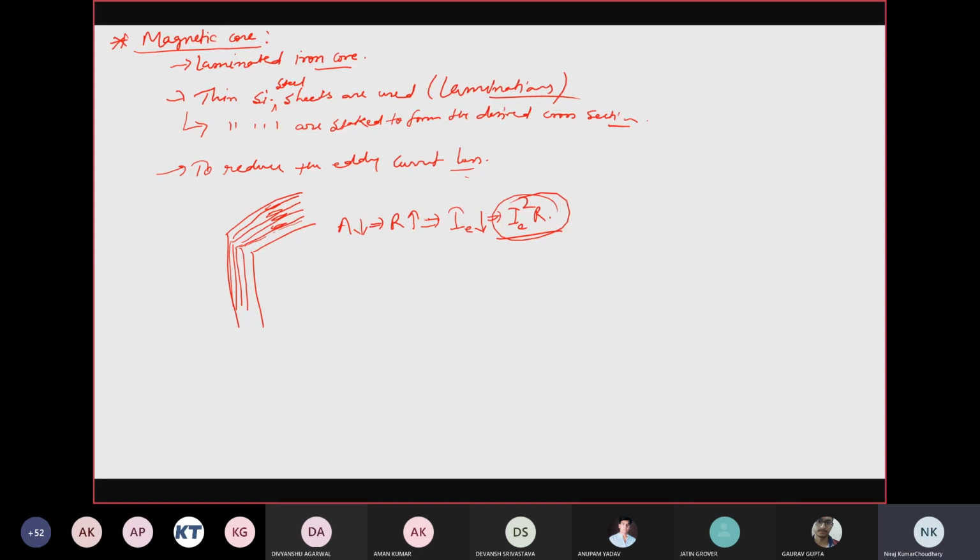So I have also told that the thickness of these laminated sheets are of the order of around 0.4 millimeter or even less, right? But thickness normally cannot be reduced below this value, 0.4 mm, because it will affect the mechanical strength of the laminations, which will greatly reduce, right?